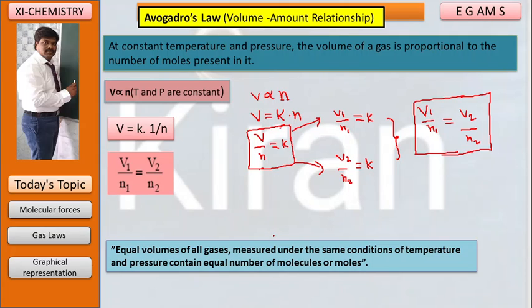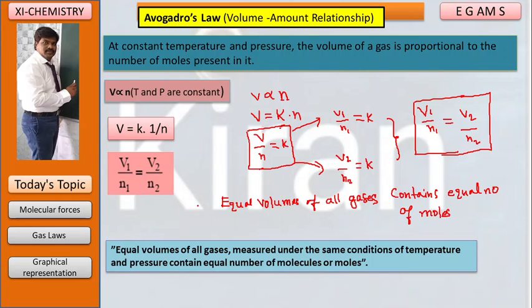Okay. One more definition I am saying: equal volumes of all gases measured under the same conditions of temperature and pressure contain equal number of molecules. It means equal volumes of all gases contain an equal number of moles.